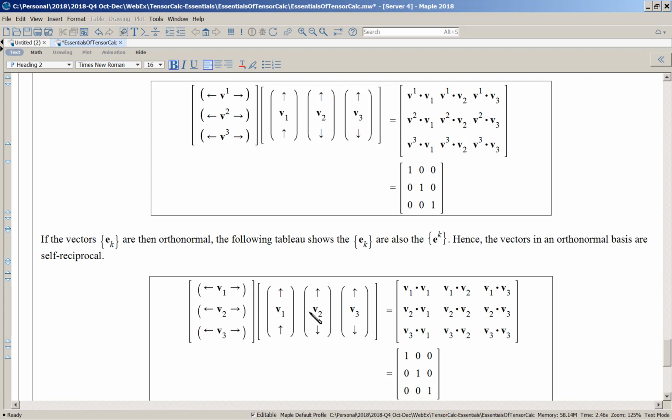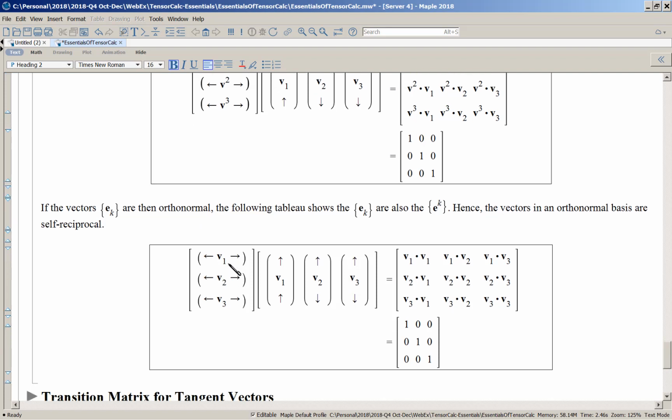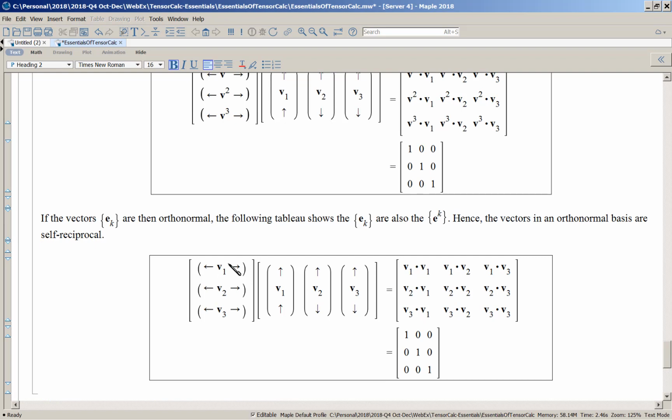Now you multiply the same formal products, you get these dot products. But these are orthonormal, so because of orthonormality, these dot products will be the Kronecker delta. And so we've just established that if you have orthonormal vectors, they are self-reciprocal. And that's probably why, if you've never heard of reciprocal vectors before, you haven't heard of them.